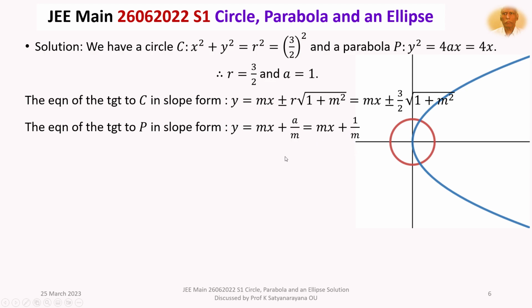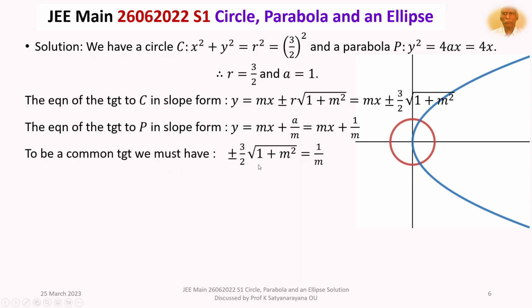And look at these tangents: y = mx ± (3/2)√(1 + m²) and y = mx + 1/m. It is given that these are the common tangents. To be common tangents, we must have 1/m equal to ± (3/2)√(1 + m²).